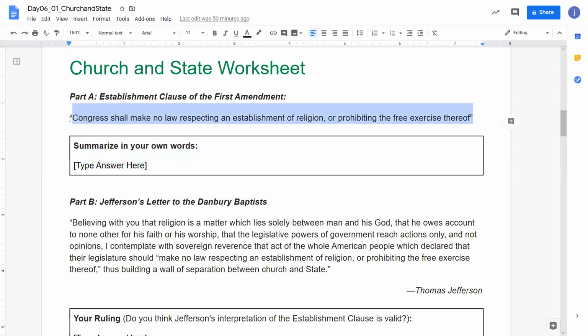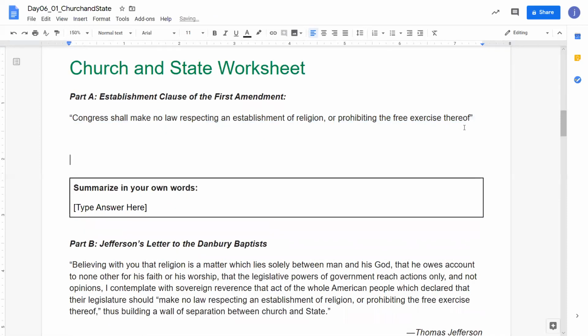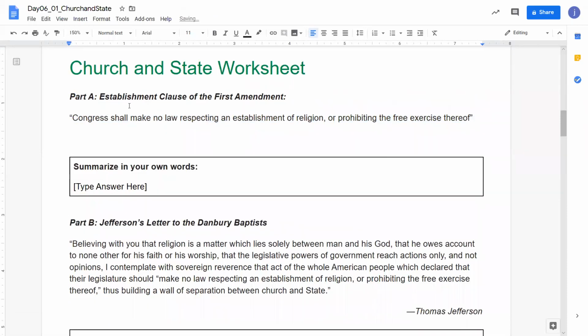I'll do kind of what we did in class, which is to replace words to make them more understandable for us. Congress, so we know Congress, they're the lawmakers, the Senate and the House of Representatives. They're the ones that make the laws.